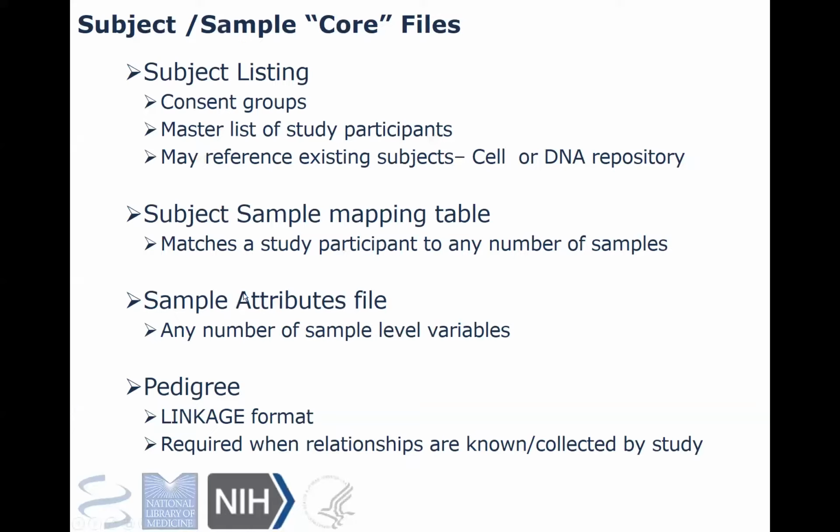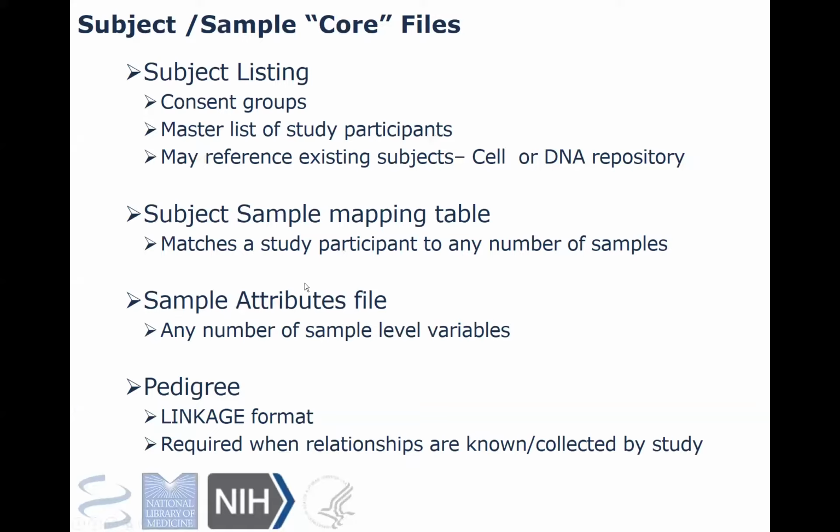And then a sample attributes file. This is essentially any attribute of the sample. This could be where it was collected from in the body, peripheral blood, or it could be a skin sample, but this file could actually contain any attribute of how the sample was processed, like the DNA extraction method, or even where it is on the plate when it was used in the study.